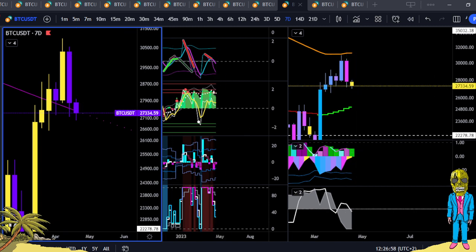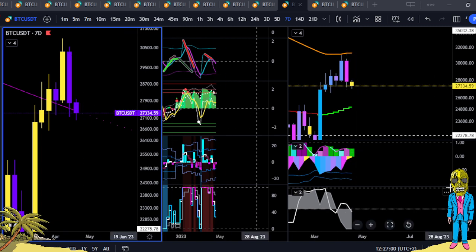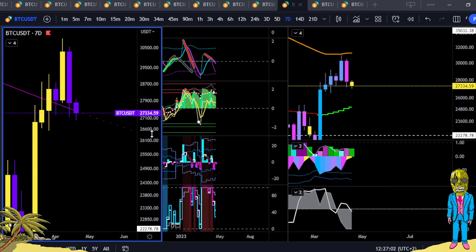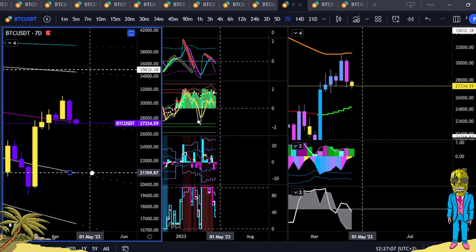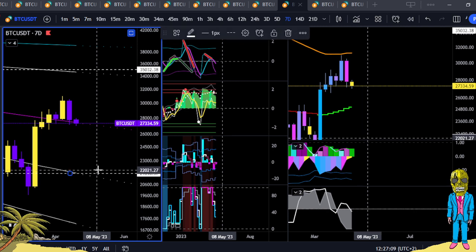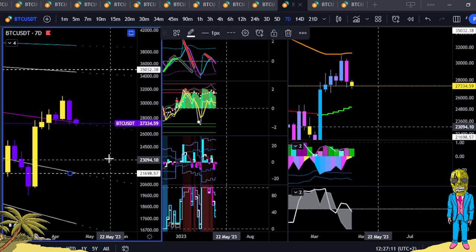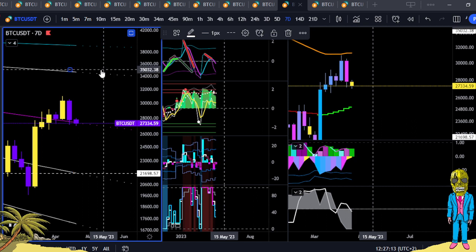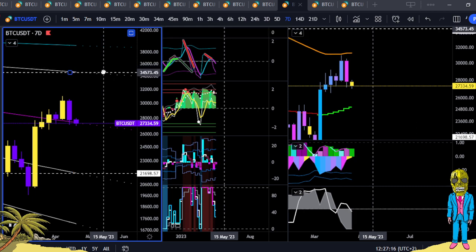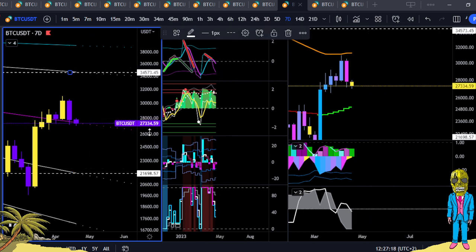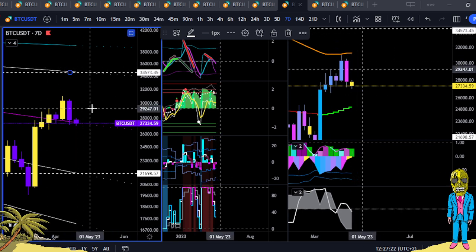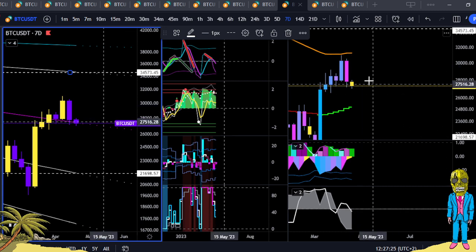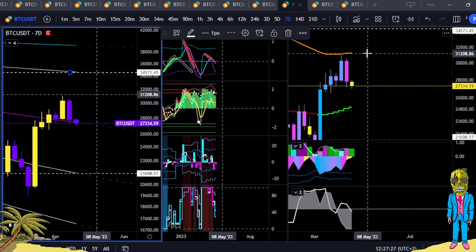Any closes below there for the next 2 weeks worth of candles, that usually just signals it wants to come and touch this region, which we can now move the target down to here at $21,698, and its top side target, if it can hold above said pink line here at $27,333, would then target 34,573. But then again, we know that we have this area here at 31k that stops that.